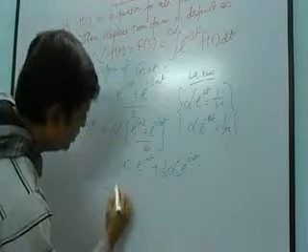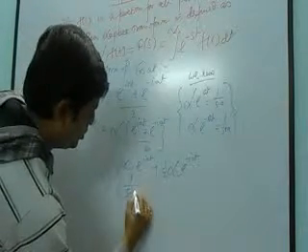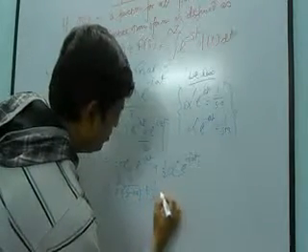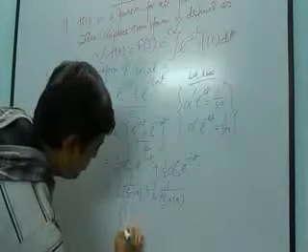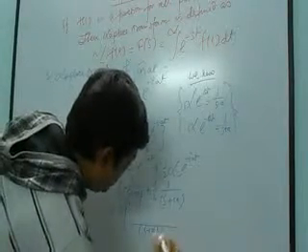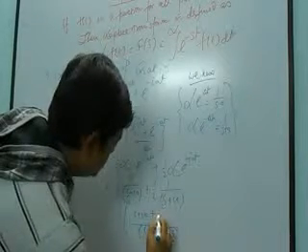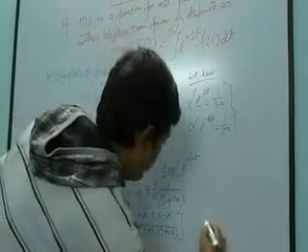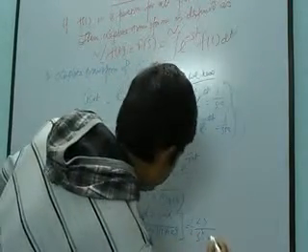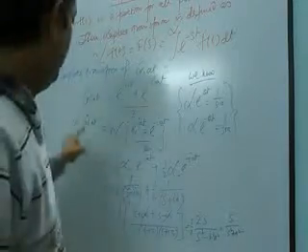Applying this formula, we can write half of 1 by (s minus ia) plus half of 1 by (s plus ia), that is equal to half of ((s plus ia) plus (s minus ia)) divided by (s minus ia)(s plus ia). The ia will be cancelled out, and half of 2s divided by s square minus i square a square, that is equal to s by s square plus a square. This is the Laplace transform of cos at.